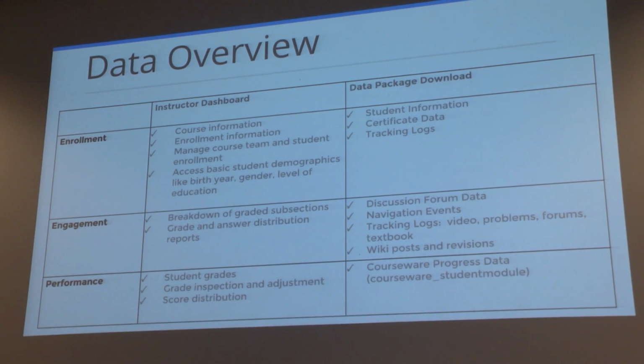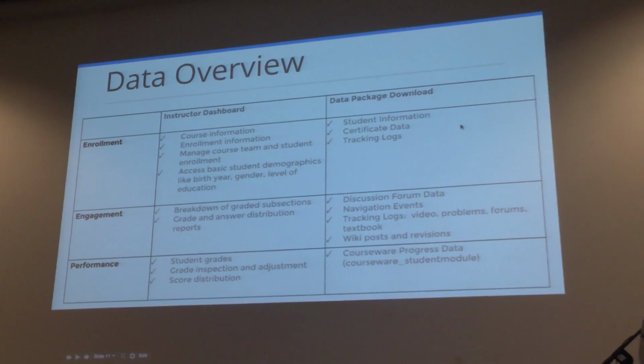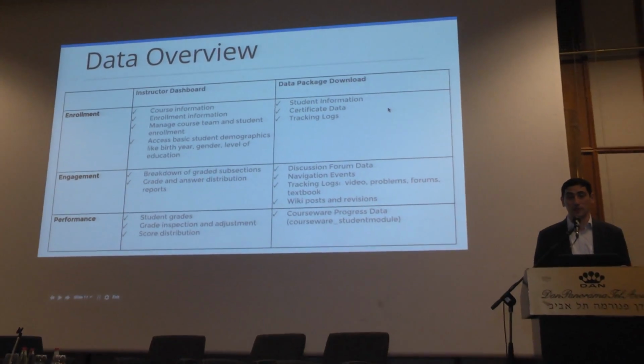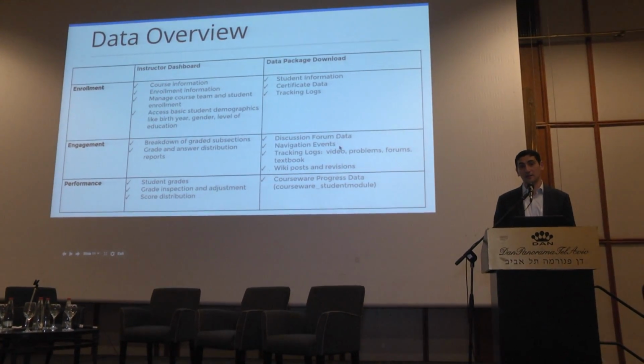We call it the clickstream data. That's everything that somebody's clicked. This is mainly used by education researchers. You do need some more advanced statistical analysis software in order to get that data and probably be able to interpret it in a meaningful way, but we do have that there.